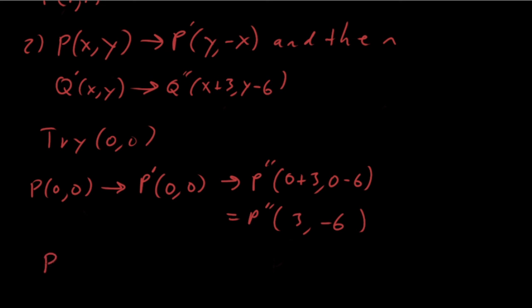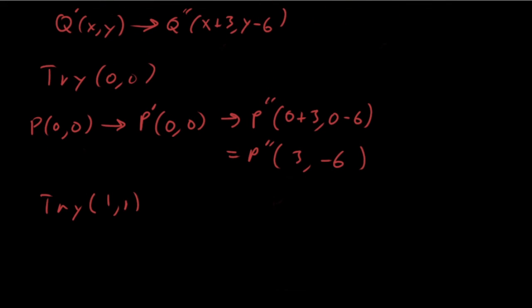Let's do one more. Let's write the words, try. So try, what would be a good one? How about let's do 1, 1. So P of 1, 1 goes to P prime.